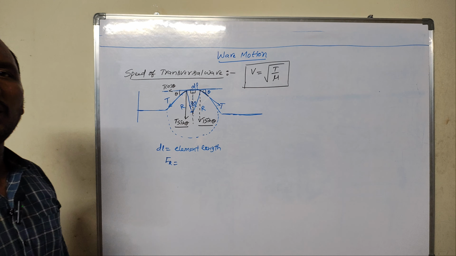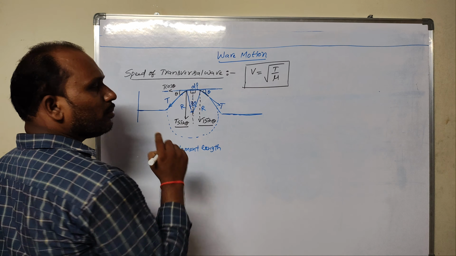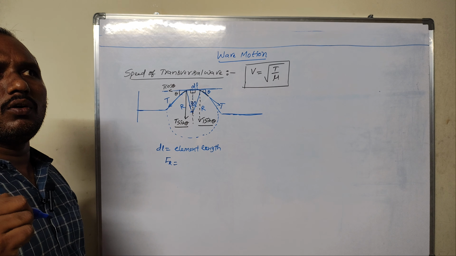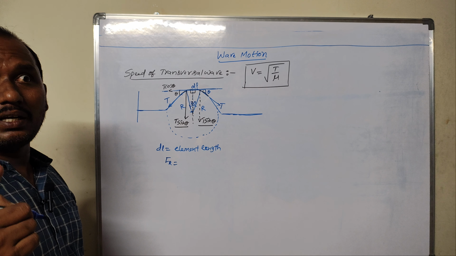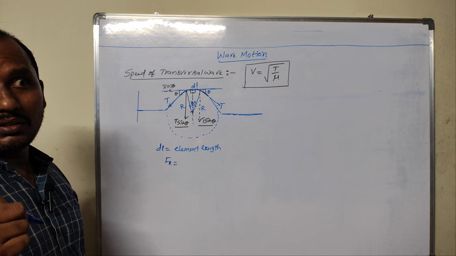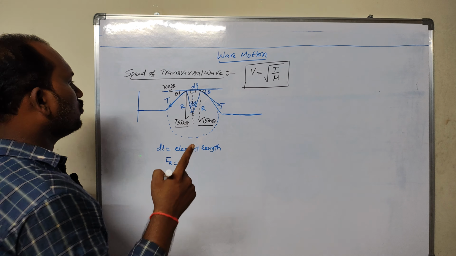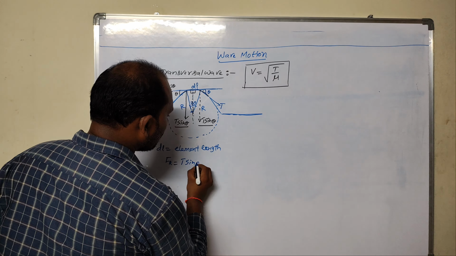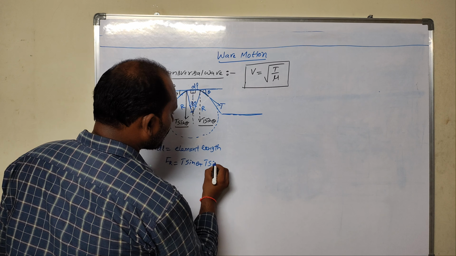Why? Because we know the parallelogram law of vectors. In the same direction, theta becomes 0, and you get the sum of those two forces: T sin theta plus T sin theta.